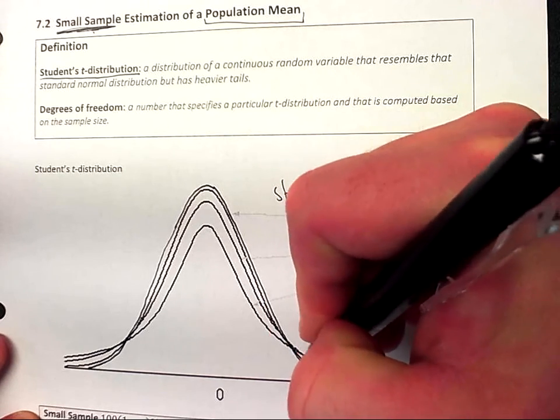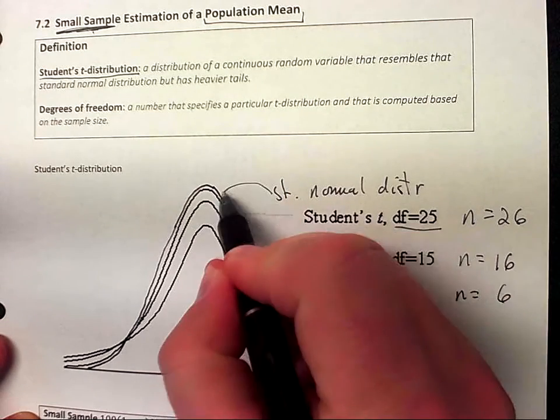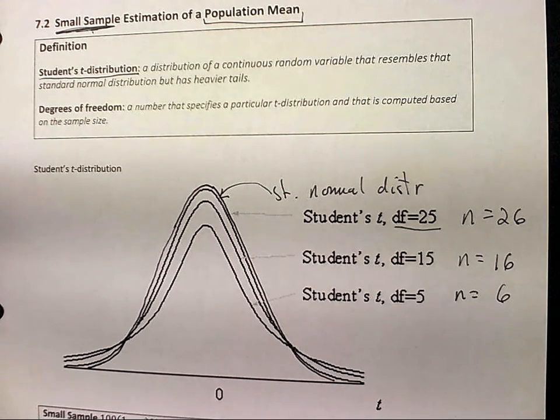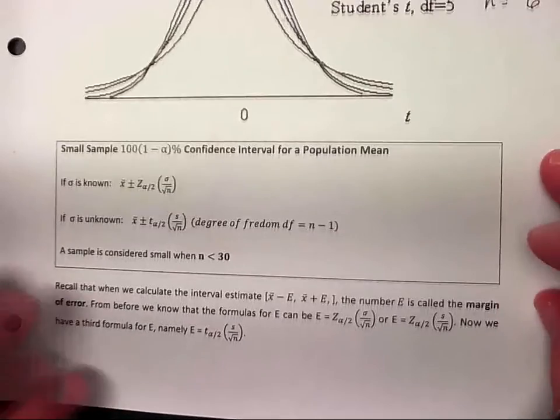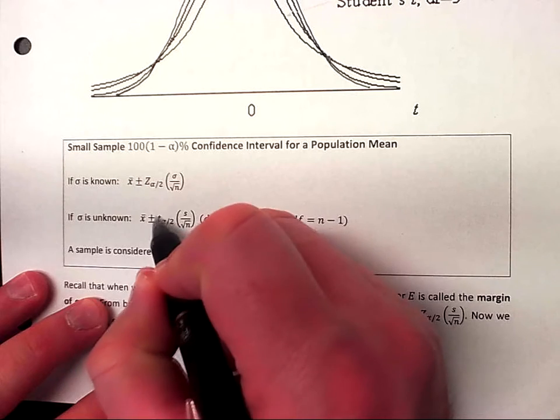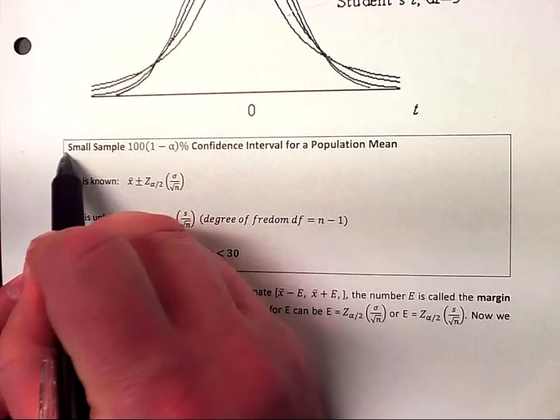And this last one that I'm drawing in right here is going to be our normal distribution. So like I said before, as our sample size increases, 6 to 16 to 26, and for our normal distribution we have to be at 30 or greater, we get closer and closer and closer to our normal distribution.